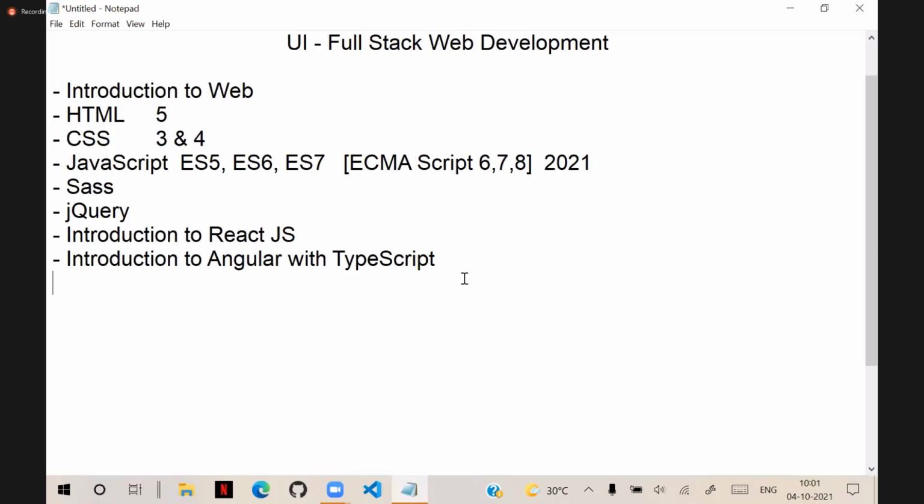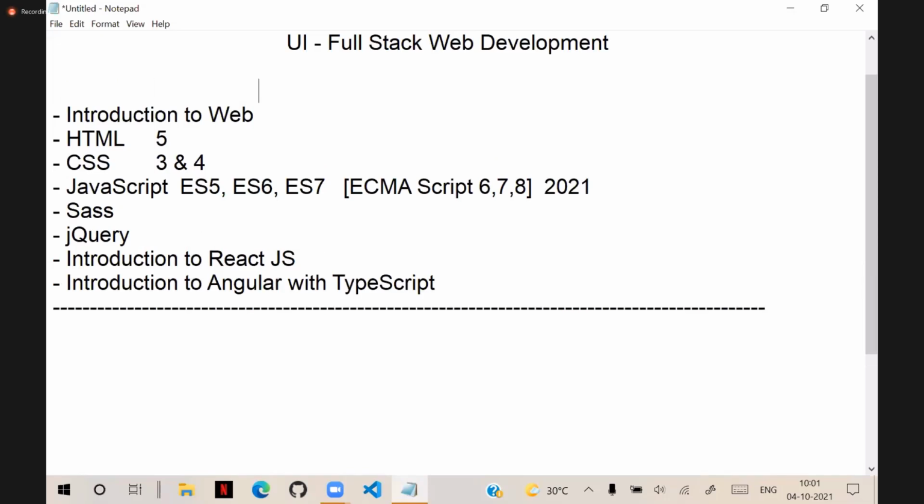Now, this is entire. We will classify this. Actually, in full stack development, this is under the category of front end. We call this front end. In the front end, we are going to learn all these tools. We are going to divide this into two categories, front end and back end.